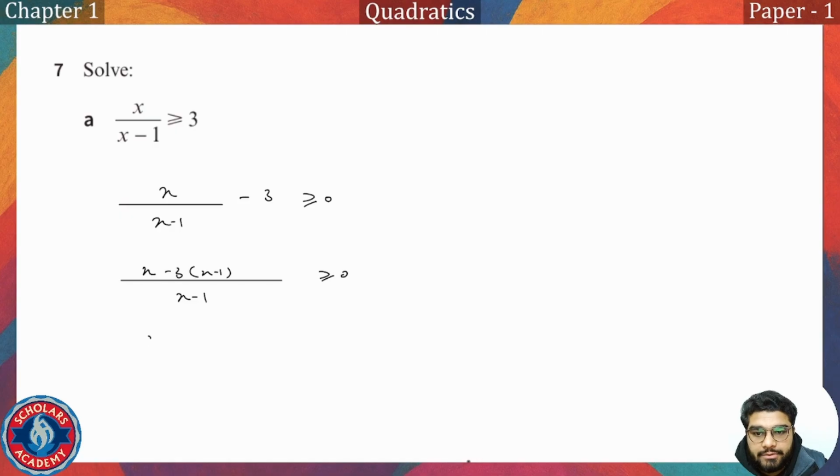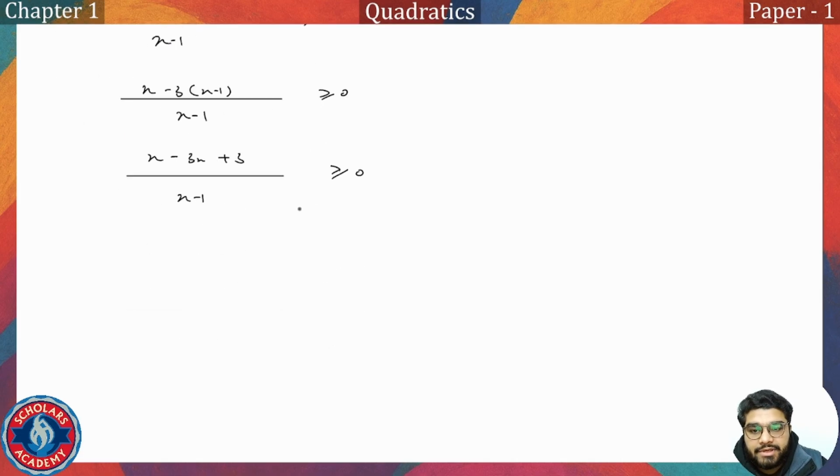Now if we simplify it, we get x minus 3x plus 3, divided by x minus 1, is greater than or equal to 0. So from here we are getting negative 2x plus 3 divided by x minus 1 is greater than or equal to 0. So let's find critical points.